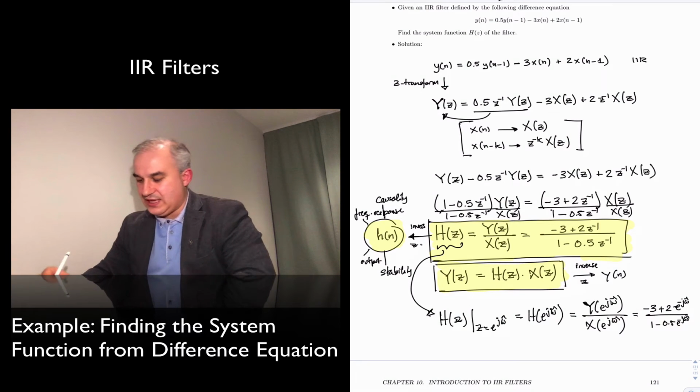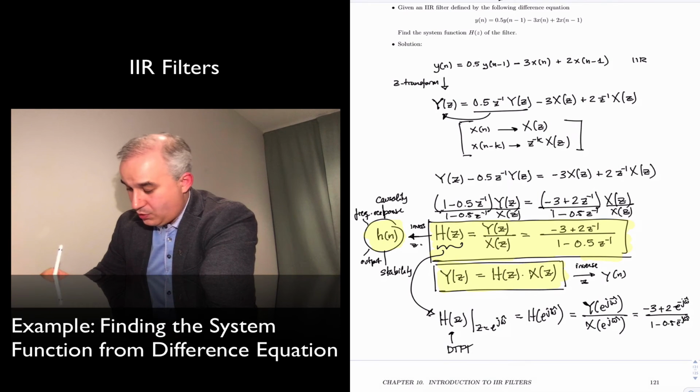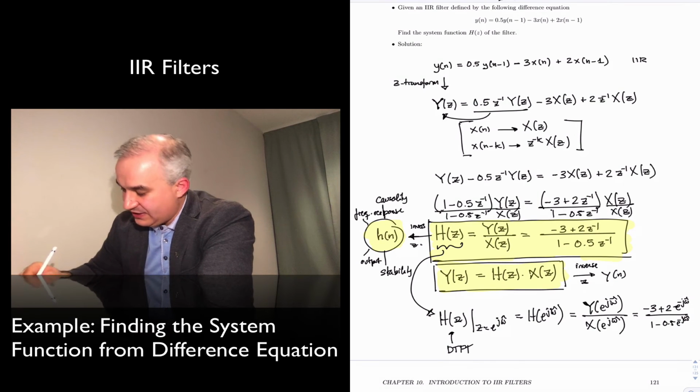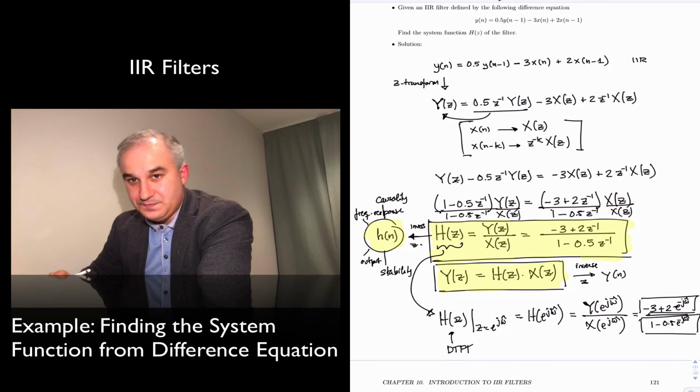That is like doing the discrete time Fourier transform of the output over the input, or of the numerator polynomial over the denominator polynomial.